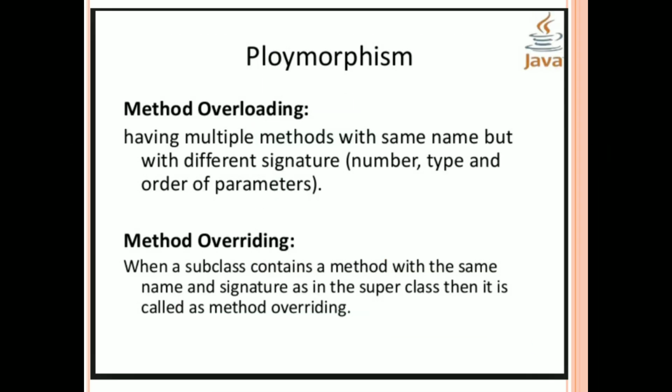Method overloading. What does method overloading mean? Having multiple methods with the same name but with different signatures. The number of parameters may be different, or the type may be different, or the order of parameters may be different. The method name is the same, but the signature differs, that is, the order or the type of the parameters we pass into the method.